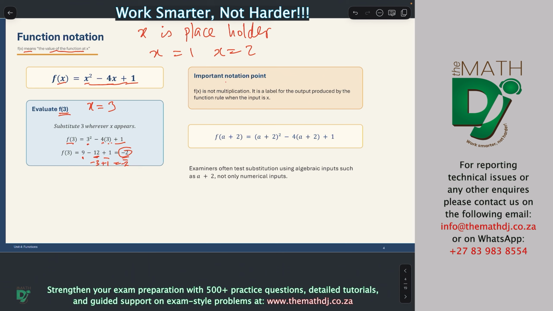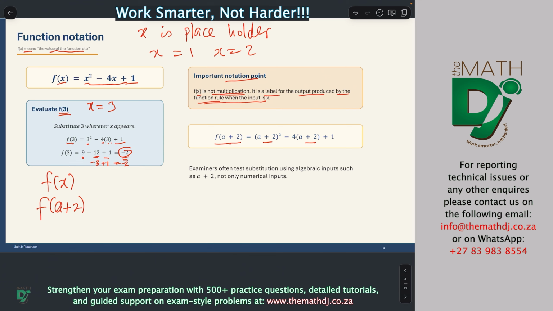The important notation point is that f(x) is not multiplication. It is a label for the output produced by the function rule when the input is x. So it's a function rule, not a multiplication. For example, if we say f(a + 2), remember it's normally f(x).